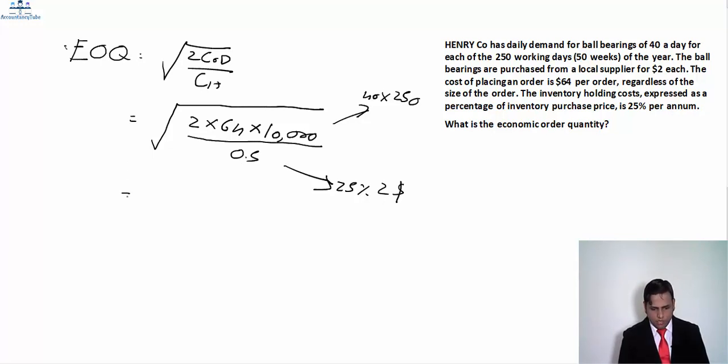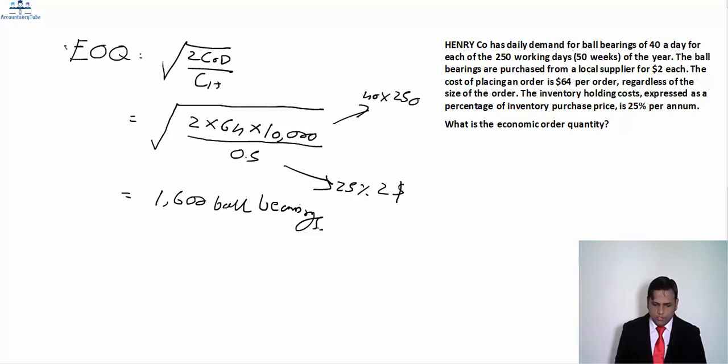Now computing all this will give you 1,600 ball bearings, and that is your economic order quantity. That is the order which you need to place to keep the holding cost and ordering cost at the lowest level.